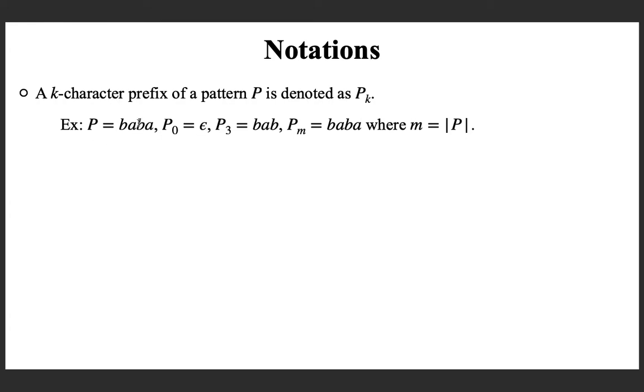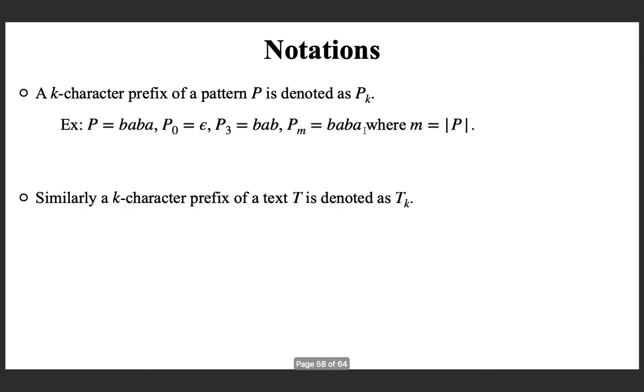Regardless of what P is, P0 is epsilon. And P3 means you take 3 symbols from the left, it is BAB. So what would be PM? M is the length of this pattern, which is 4. What is P4? It is BABA. Okay, that is how you use subscript to represent the prefix of a pattern.